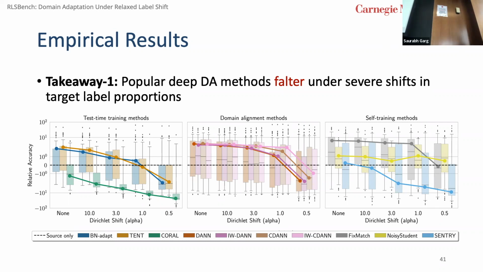It is trying to overfit to the label proportion, and because the initial model was trained on some different label proportions, it ends up overfitting, and the final pseudo labels that I get are very different from the actual labels. If I plot the distribution of pseudo labels that FixMatch has at, let's say, label shift 0.5, it is very different from the proportion of actual true labels. So in some sense, it's getting the label proportion incorrectly.